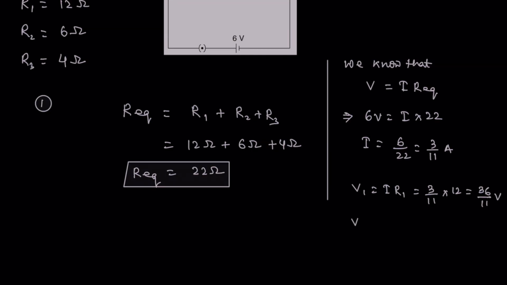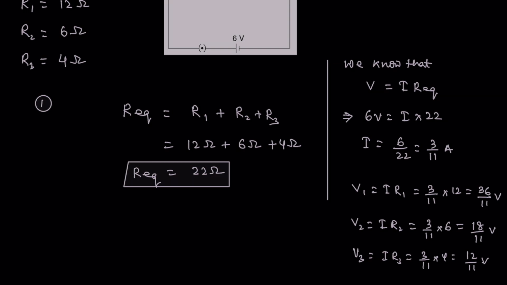Similarly, V2 is equal to IR2, 3 by 11 into 6 is equal to 18 by 11 volt. V3, IR3, 3 by 11 into 4, 12 by 11. So if you add them, the total voltage, you will get the 6 volt.